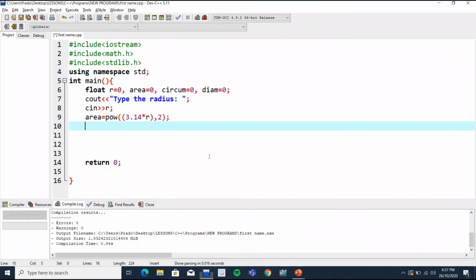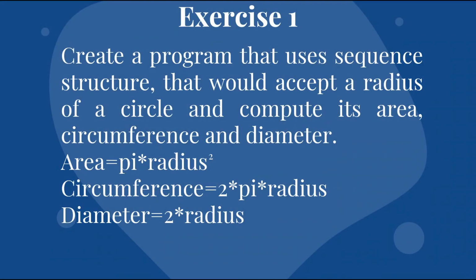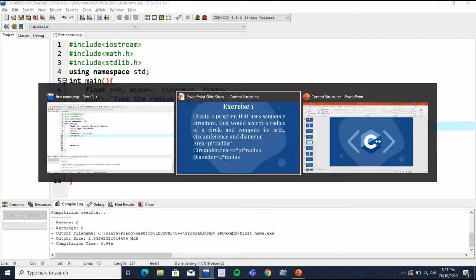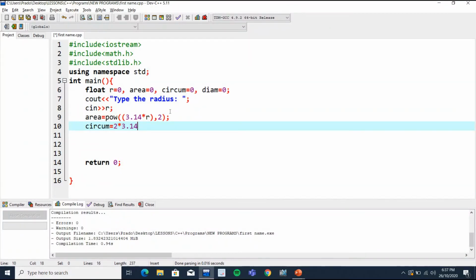Next naman, yung kay circumference, which is yung ginamit nating variable is circum. Circum is equals to 2 times pi, which is 3.14, times radius, which is the r.